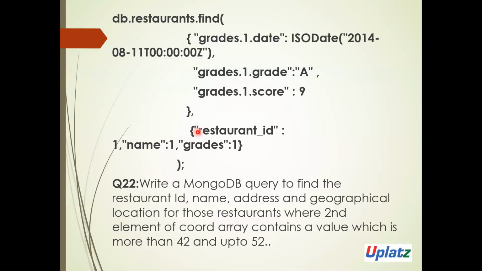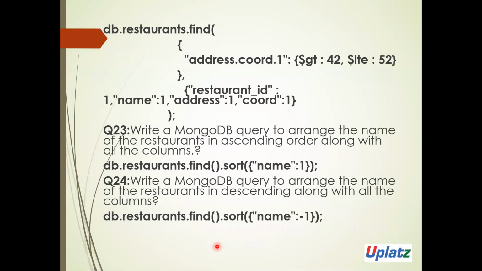The next question is: write a MongoDB query to find the restaurant ID, name, address, and geographical location for those restaurants where the second element of the grades array contains a score more than 42 and up to 52.